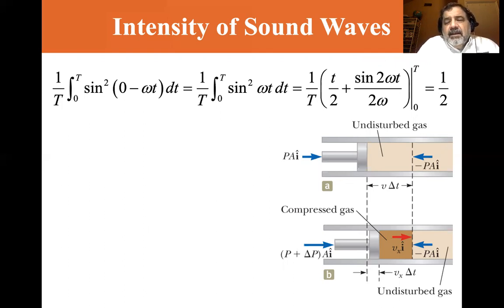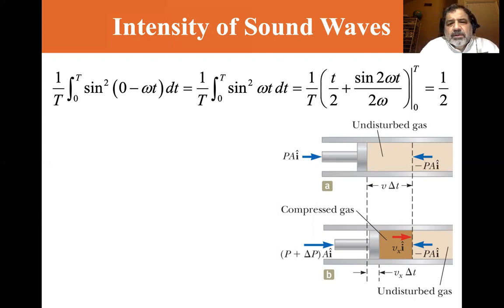And so that's equal to 1 over T, T over 2 plus sine 2 omega t over 2 omega. Look that up in the integral table. Evaluated from 0 to T, you get 1/2.